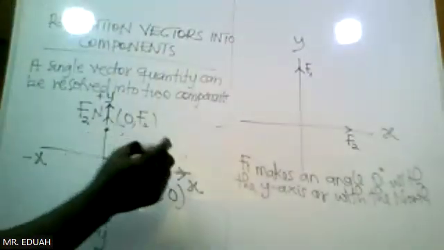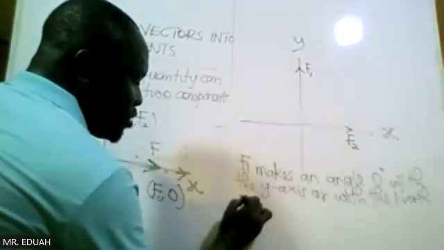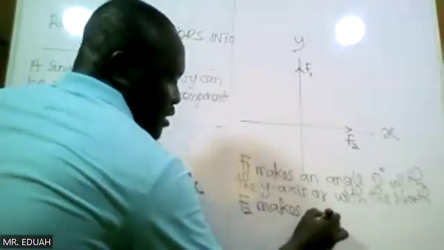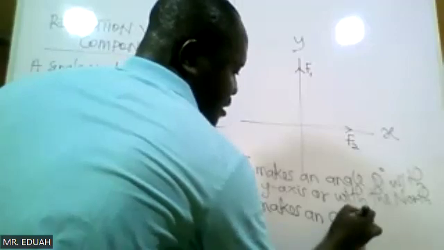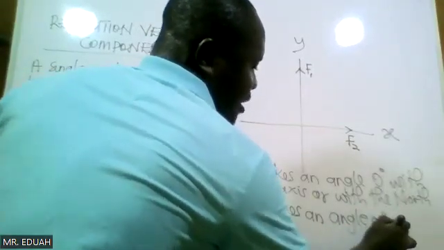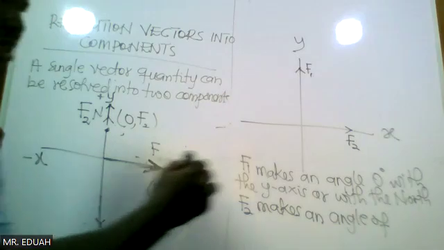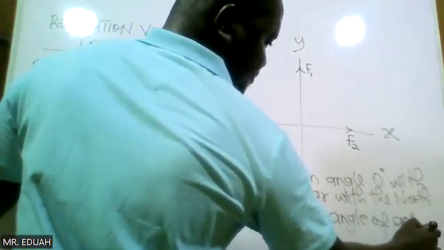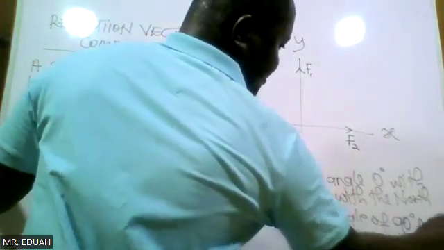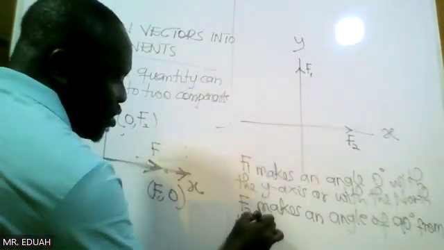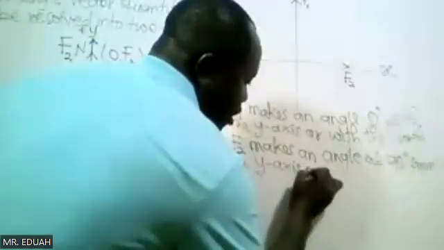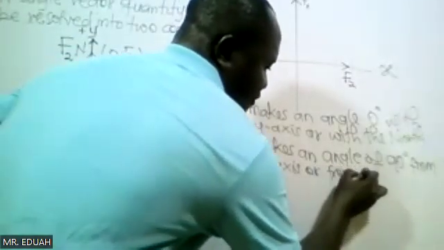It means that F2 makes an angle of 90 degrees from the y-axis, or from the north.